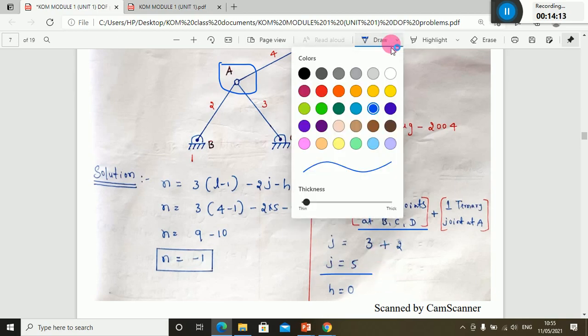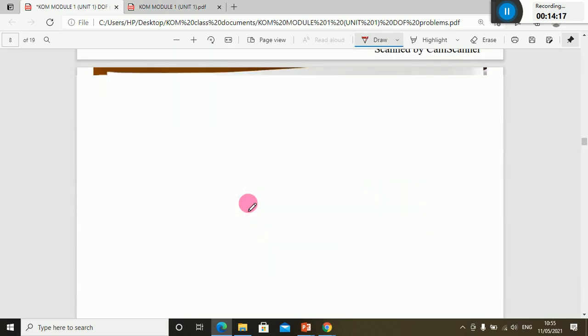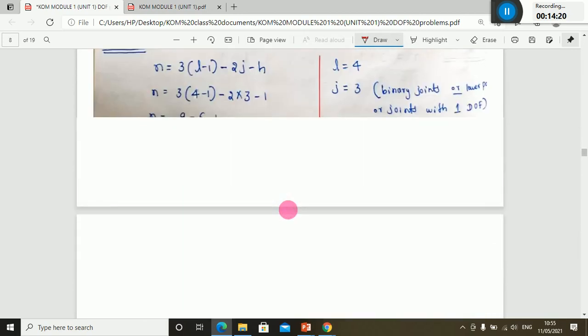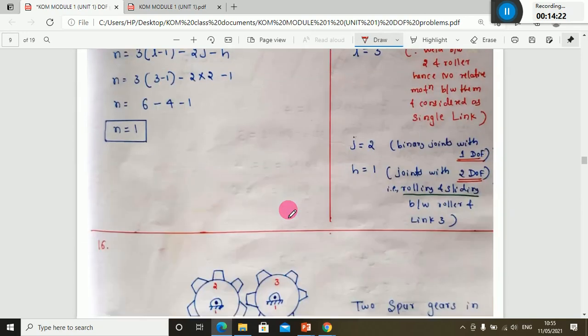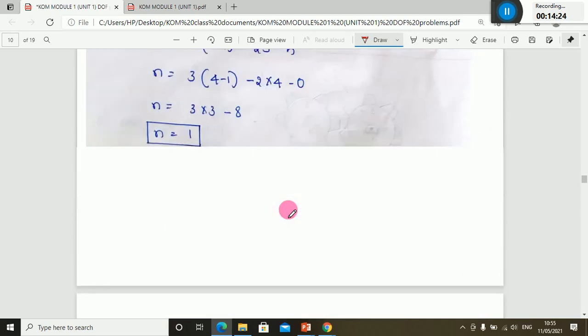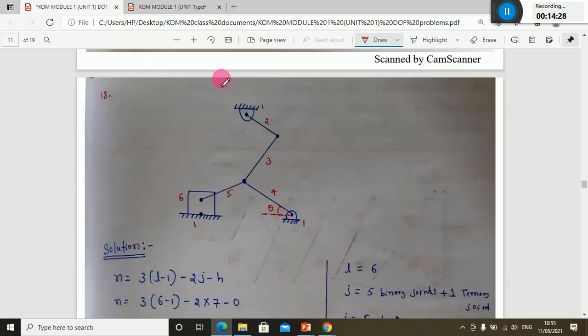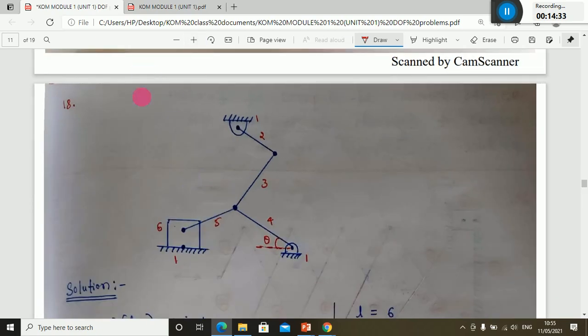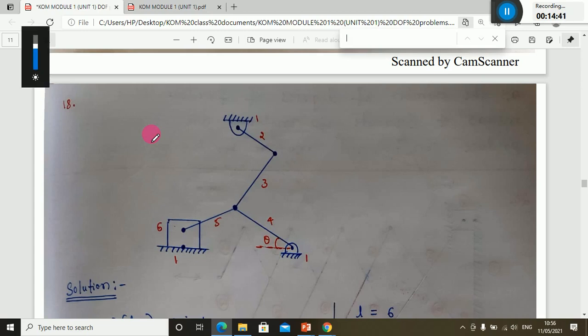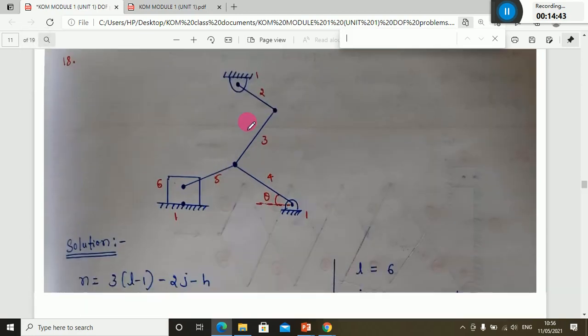Okay, I'll take one more example, a similar example having a ternary joint. Take this figure, this 18th problem. Just copy this figure.